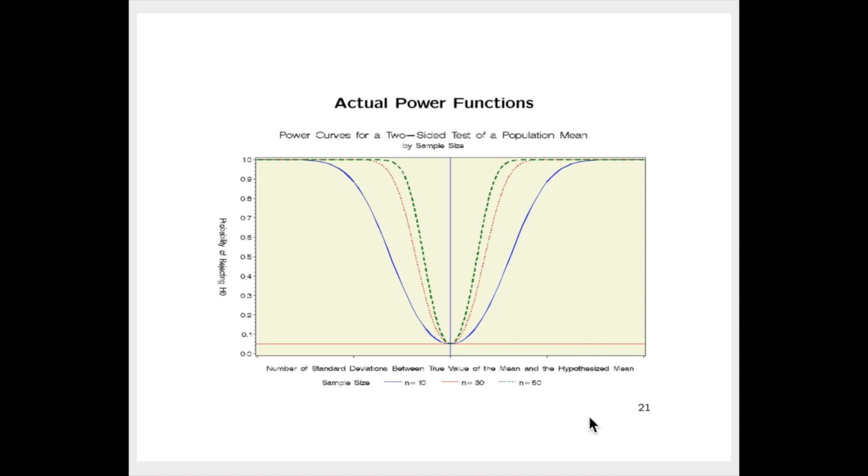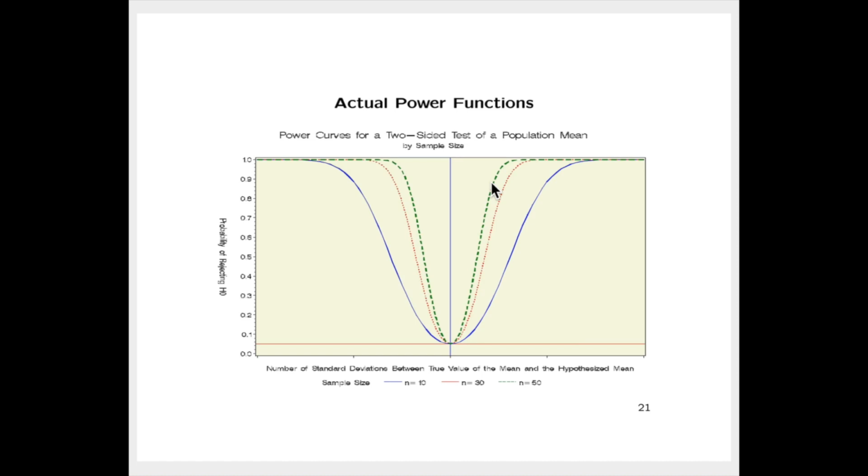Now the last thing I want to point out on this graph is the trend as the sample size gets larger and larger. For any point mu on the number line other than mu naught, as the sample size increases, the ordinate on that graph, the y value, gets higher and higher.